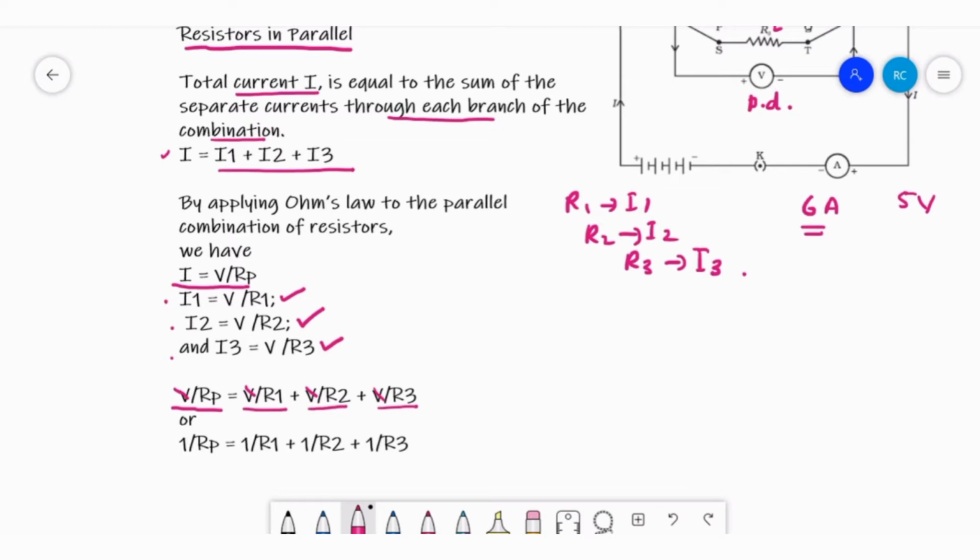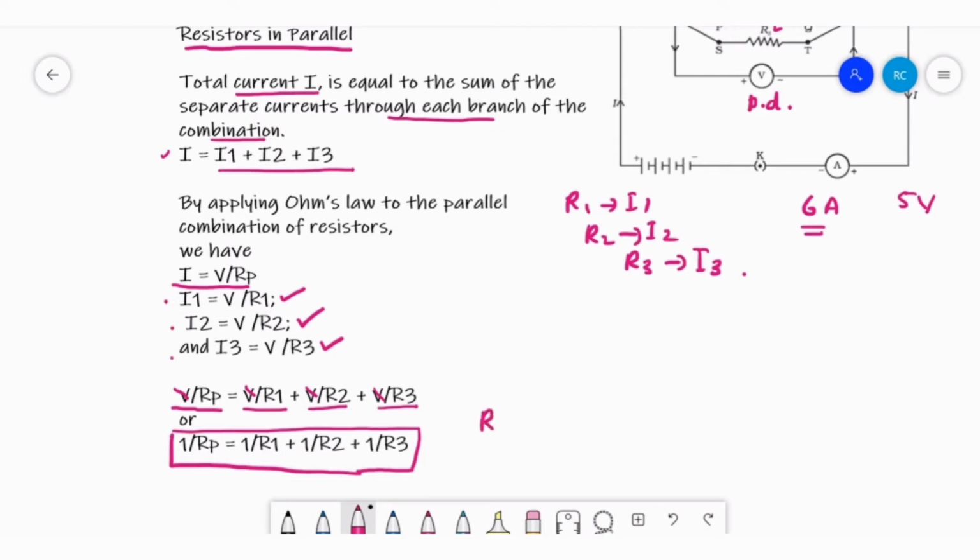So we get the equation as 1 by Rp is equal to 1 by R1 plus 1 by R2 plus 1 by R3. This is the formula to calculate the equivalent resistance or total resistance of the parallel connection.